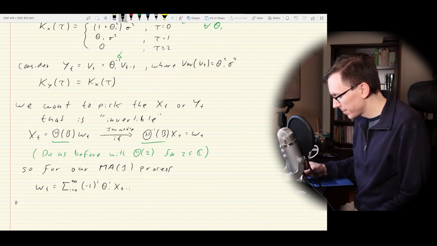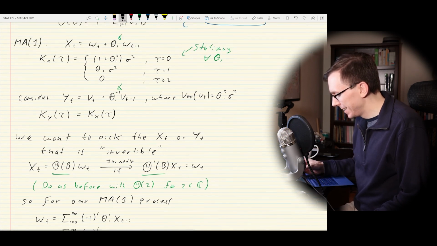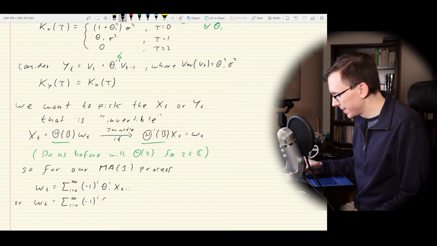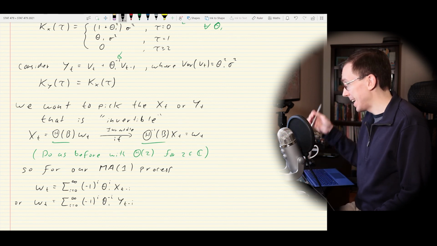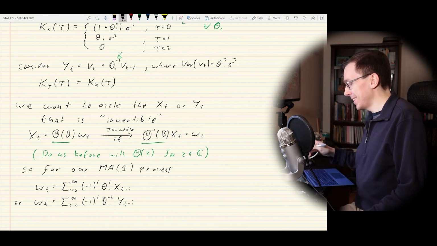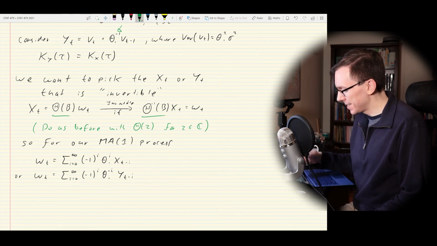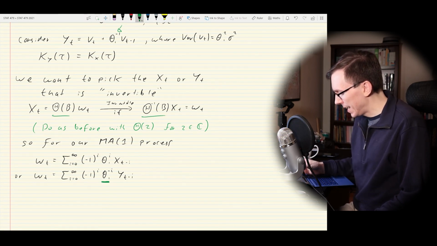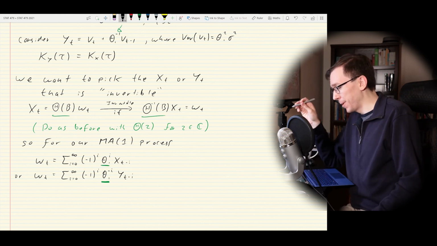Or we can have W_t equal to the sum, i from 0 to infinity, of (-1)^i theta_1^{-i} Y_{t-i}. Okay, so the only difference here in some sense is that one of these has a minus i and one of these has a plus i as its exponent.